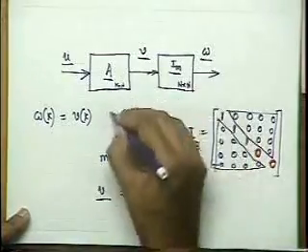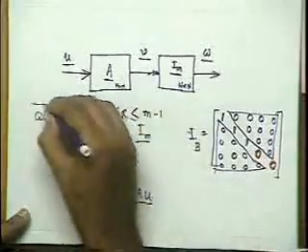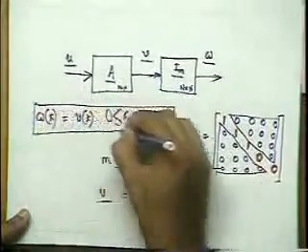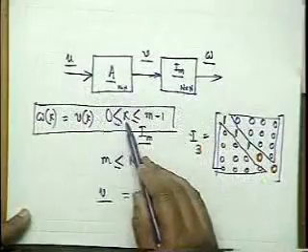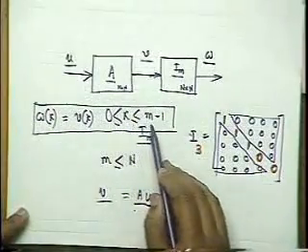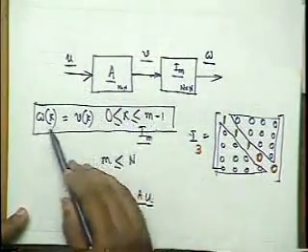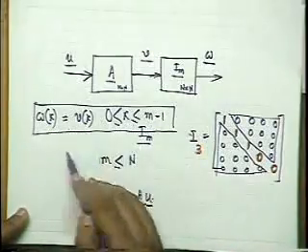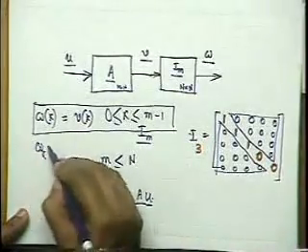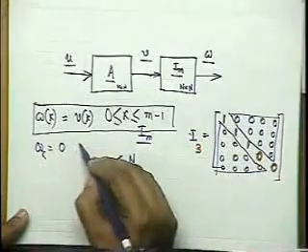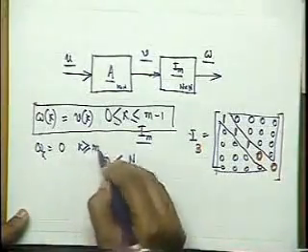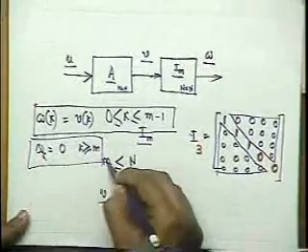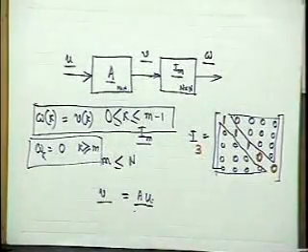That is, if 0 is less than or equal to k is less than or equal to m minus 1, then Wk equals Vk, and Wk will be equal to 0 otherwise. That is to say, for k greater than or equal to m, Wk is going to be 0.